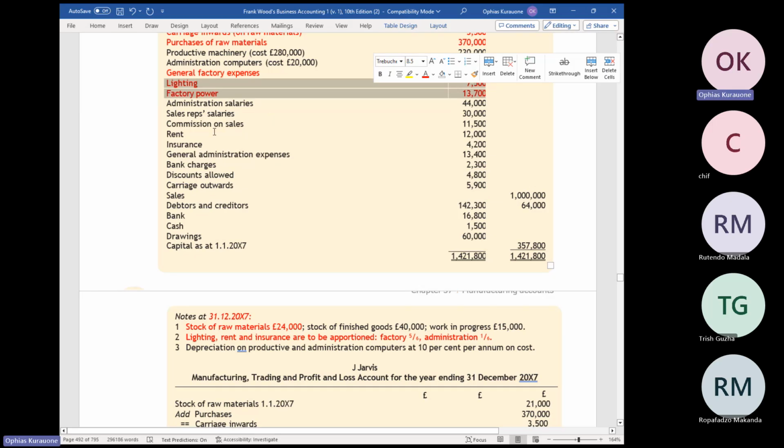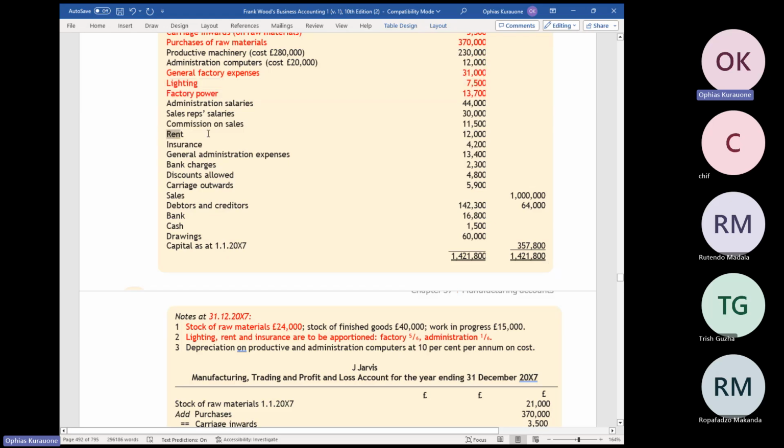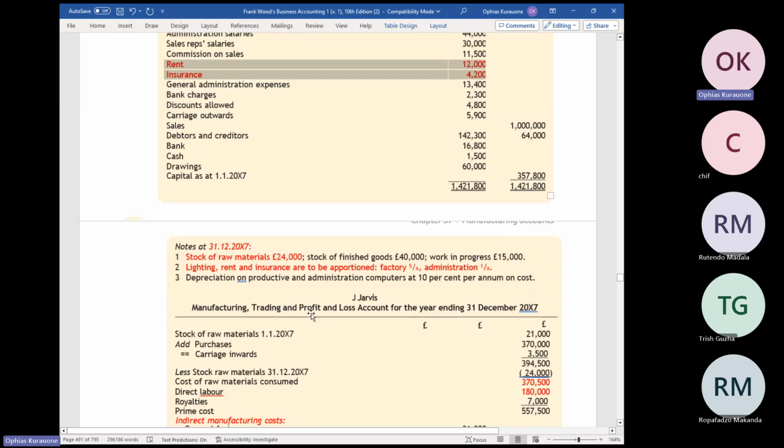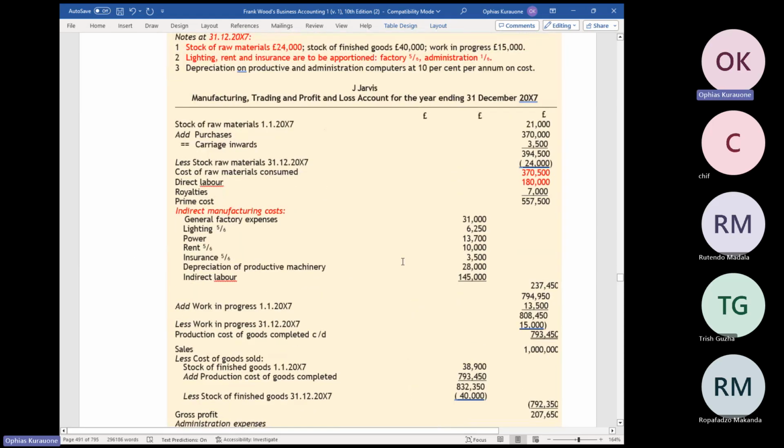Sales rep is not factory, commission is not factory, but rent and insurance, we get 5/6. So this one is also included as part of the factory cost. That's why you find that here we have 5/6, then power is okay.